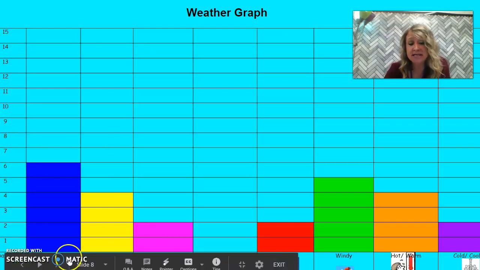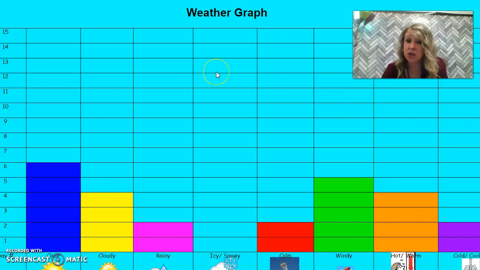And then across this side, the labels are, of course, the categories, the types of weather we had. Now, which weather had the most? Which weather did we see the most? Look at the bars and see which one has the most colored rectangles.